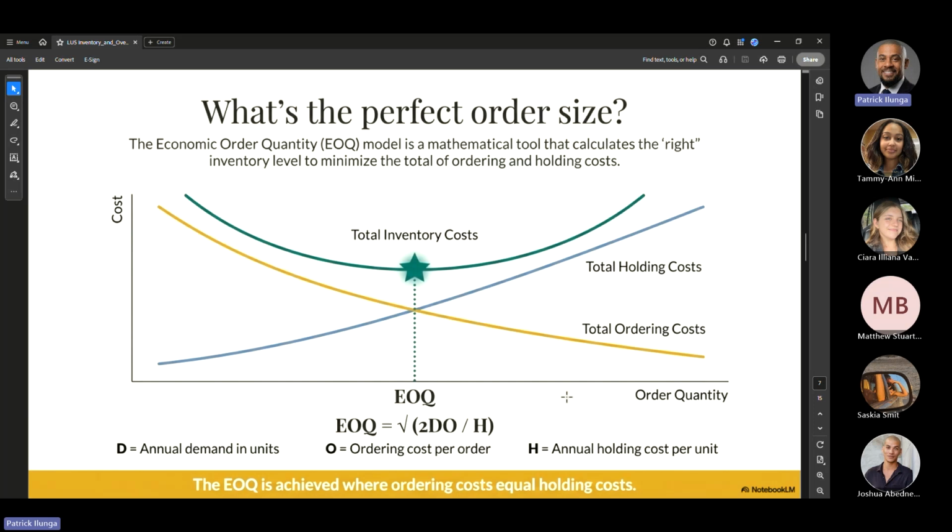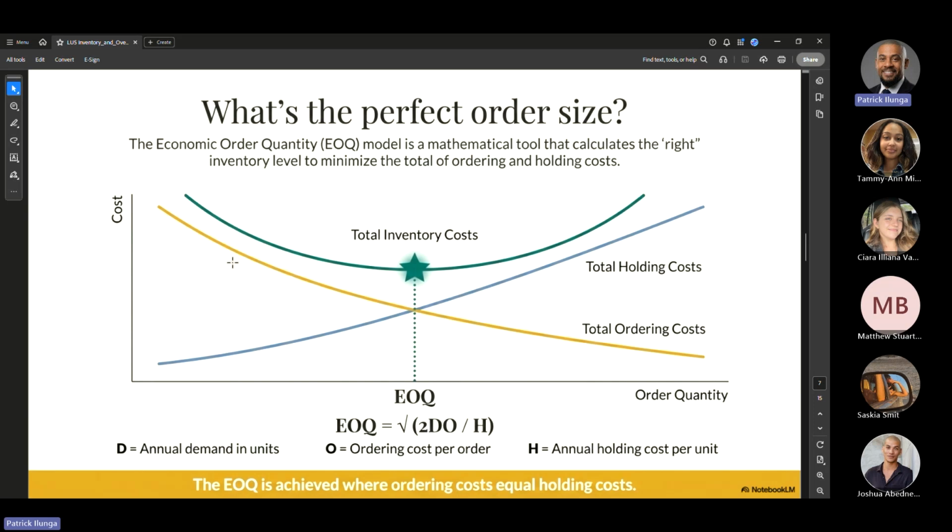And so it's not a complicated formula. Can you imagine? This is the formula. We are just saying here that this point will be the best, the optimal, so that we are minimizing the cost of holding and the cost of ordering.